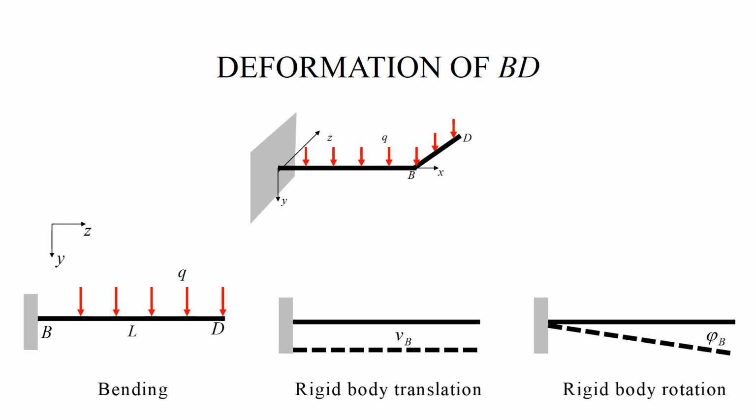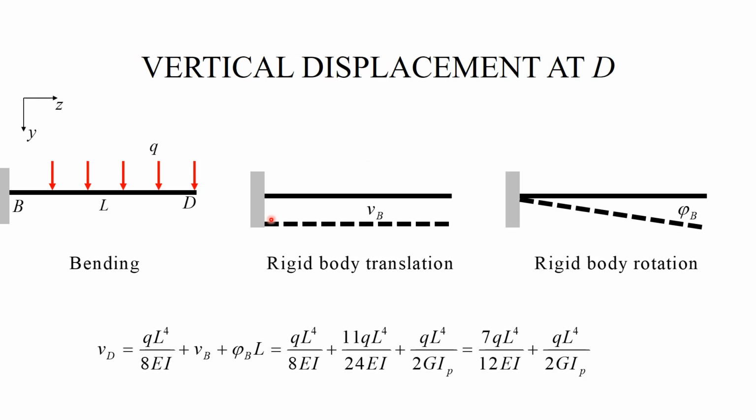So now we can do the following superposition. This result is from the table for a cantilever beam subjected to a uniformly distributed load plus VB plus phi B times L. And now we can bring VB and phi B from previous slides, and that's how the answer looks.